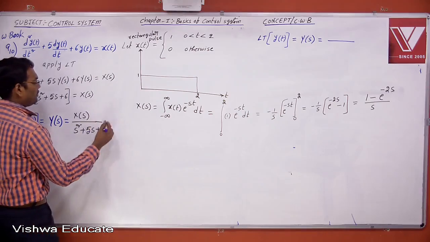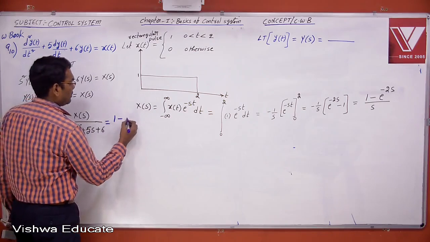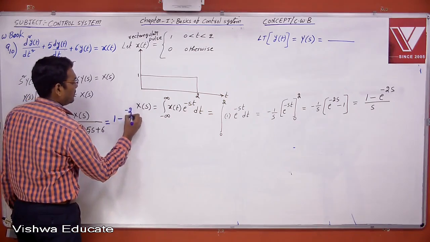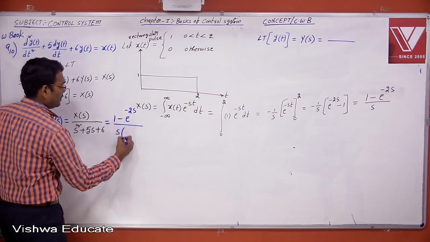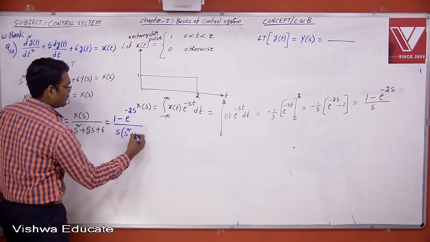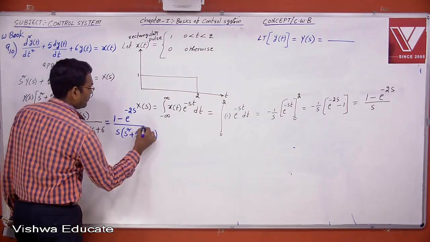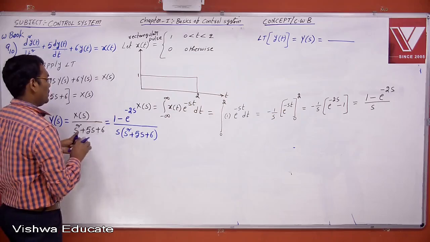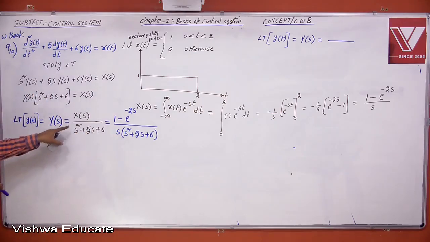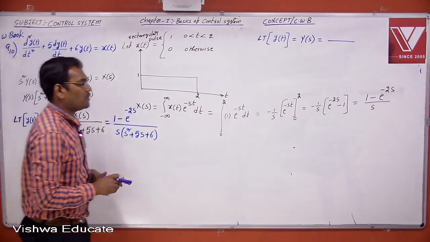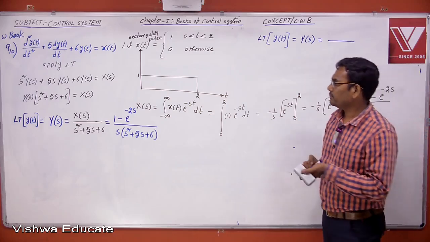Then what is x of s you are getting? x of s is nothing but 1 minus e power minus 2s by s, into s square plus 5s plus 6. Now this is the Laplace transformation of y of t, which is y of s. This option is the correct option, and that is nothing but option A.